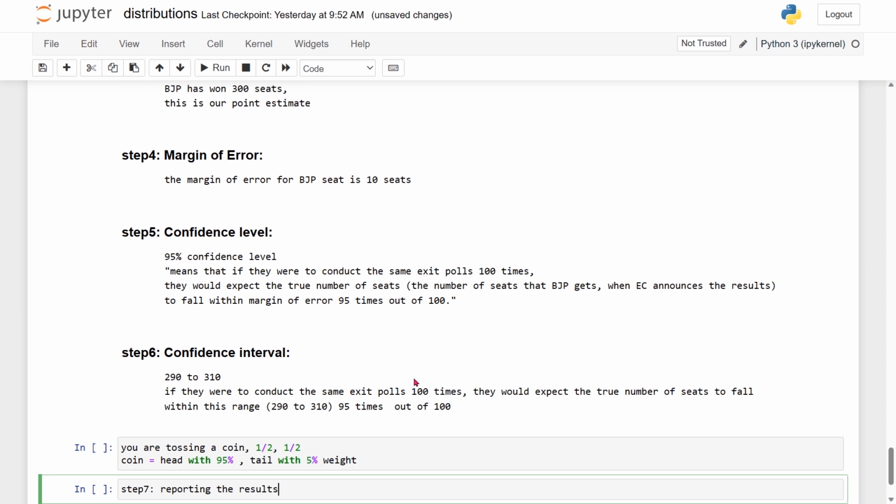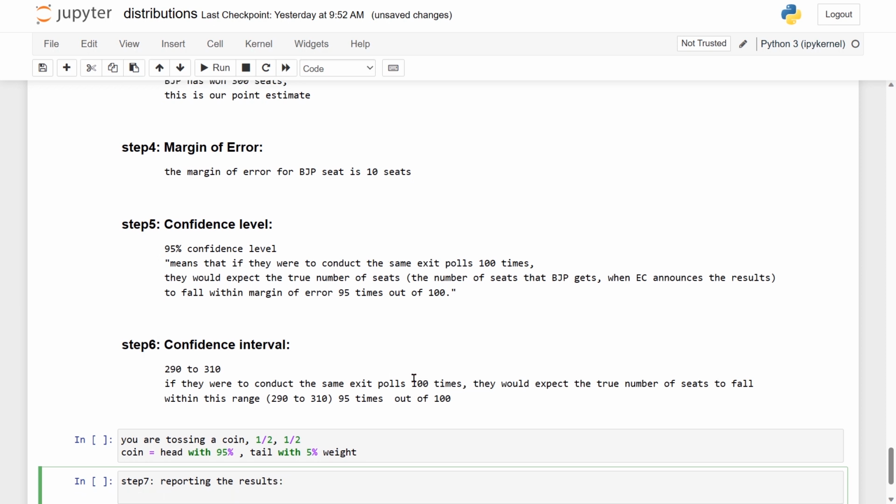So they say we are 95 percent confident that party, that's our BJP party, has won between 290 and 310 seats in the election. And that's it.